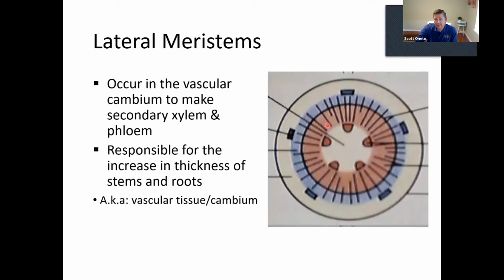This is all this red tissue, and it's making new phloem, or food conducting tissue, to the outside. That's all this blue. As this ring continues to undergo mitosis, making new cells to the inside and new cells to the outside, as those cells expand and elongate, it continues to push this ring out further and further, which ultimately is increasing the thickness or girth of that plant.